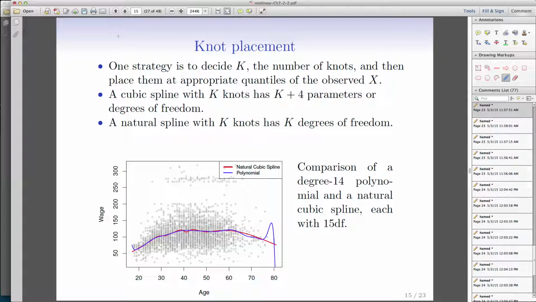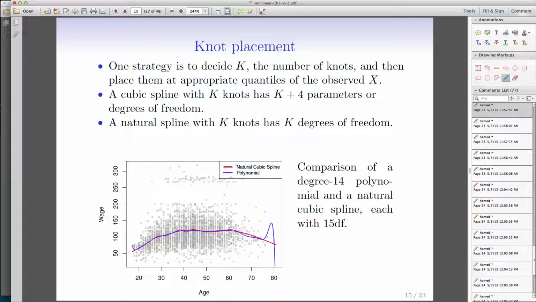So now let's see what we achieved by using natural cubic splines. This red curve represents a natural cubic spline with degrees of freedom 14. That means it had that many knots. At the same time, we showed what would happen if we used a polynomial with the same degrees of freedom, and that would be a polynomial of degree 14.